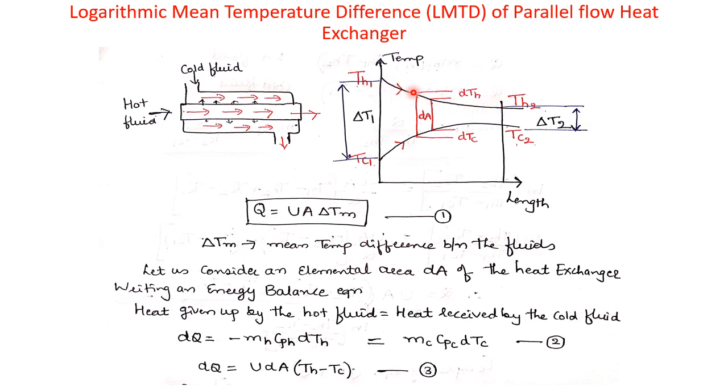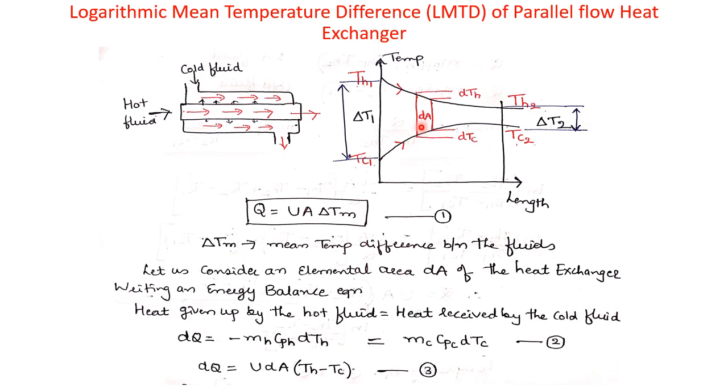So at this point one temperature will be there, at this point again there will be a decrease in temperature. The difference in that temperature of the hot fluid is indicated by dTH. Similarly, the temperature of the cold fluid at this point will be different from the temperature here. So the difference is indicated by dTC, that is the difference in temperatures of the cold fluid.